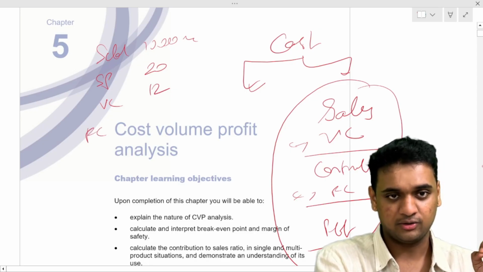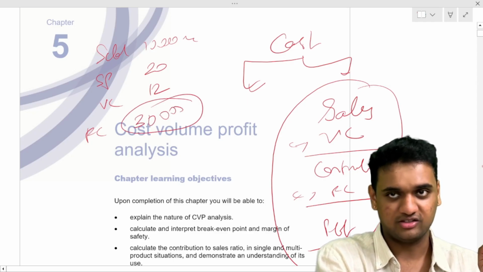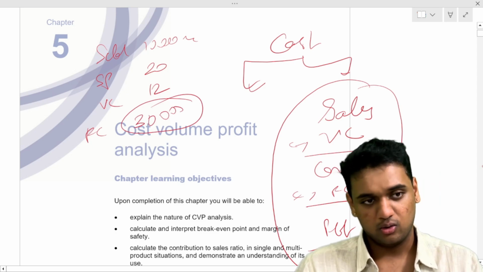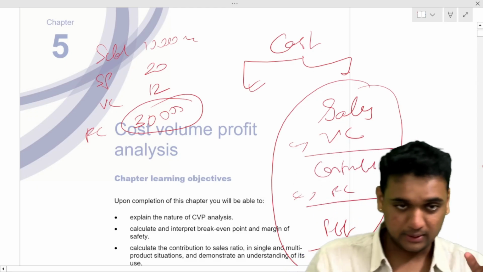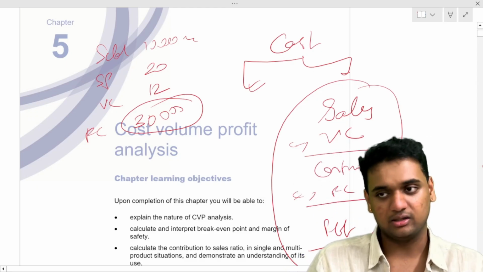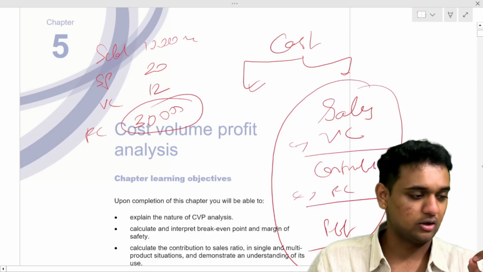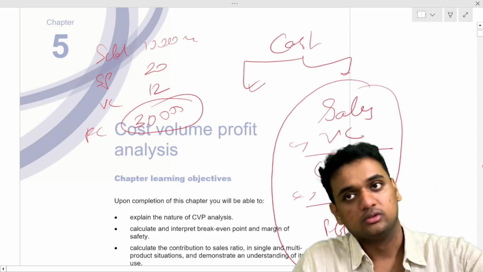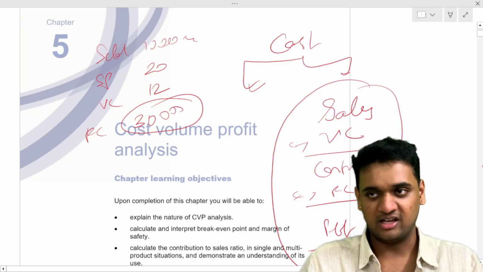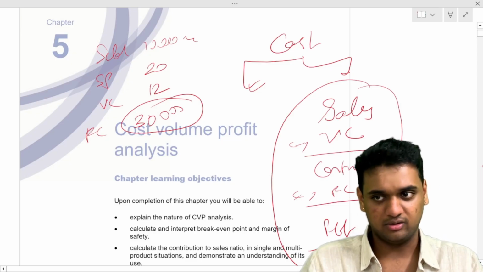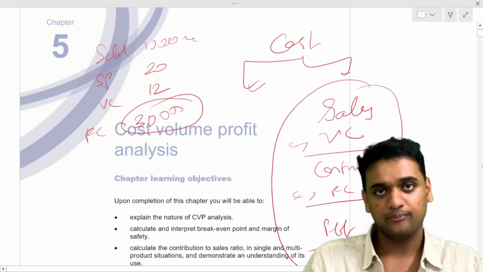Fixed cost is 30,000 rupees. What is the profit? Try to do it. It's not that you have to get the answer; what matters is how much you're able to analyze. This is just self-assessment, don't take any pressure. Try to analyze and write as much as you can.